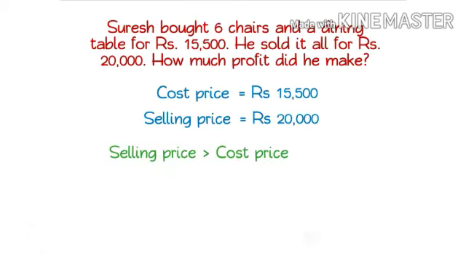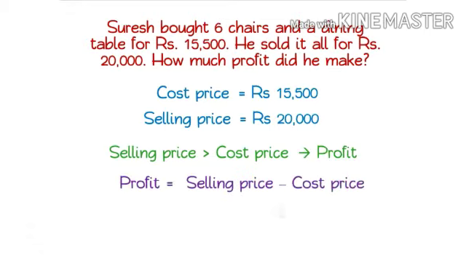Since the selling price is more than the cost price, we have a profit. The difference between selling price and cost price is a profit. Therefore, 20,000 rupees minus 15,500 rupees, which is equal to 4,500 rupees. Therefore, the profit is 4,500 rupees.